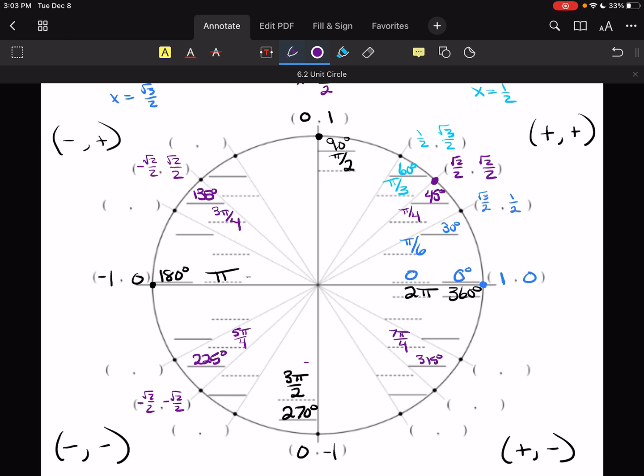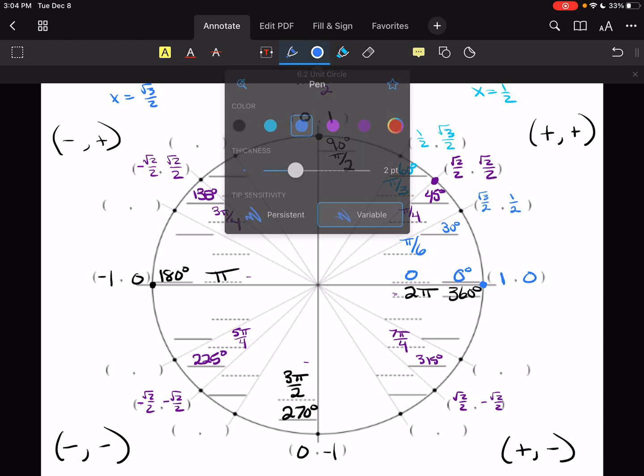X is positive, y is negative, so positive, negative. And then going one further, adding a pi over 4 would give me 8 pi over 4, which would be 2 pi. Adding 45 degrees would give me 360. And I already have that taken care of, so the 45s are done now, the pi over 4s.